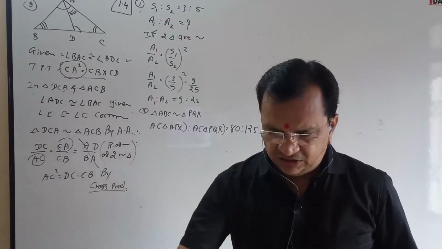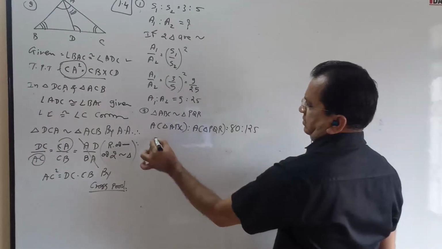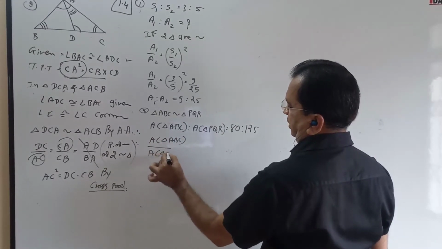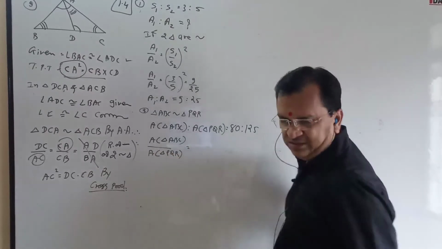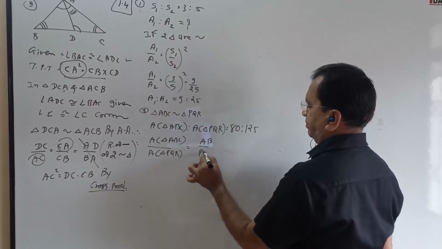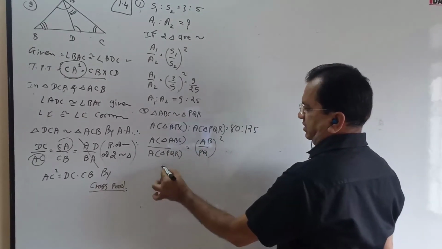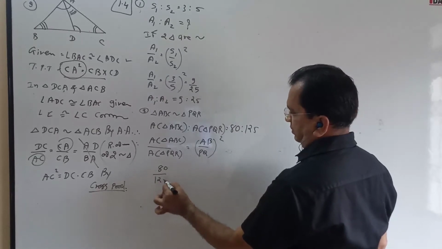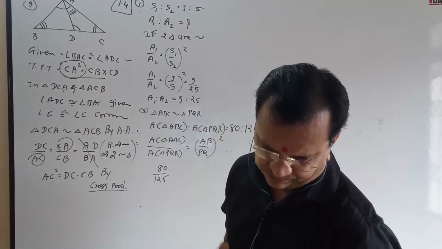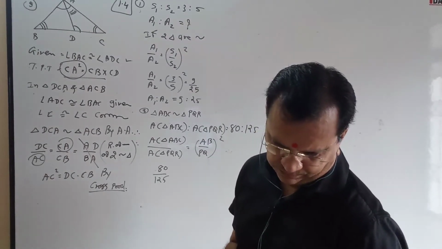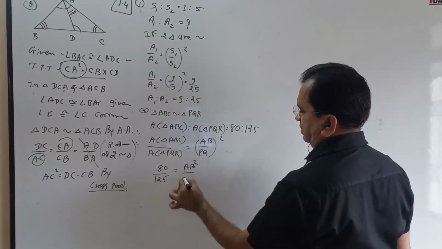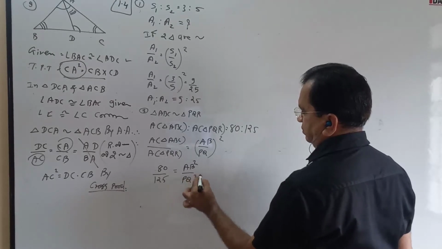Okay, we have to find the sides. So area of triangle ABC divided by area of triangle PQR. Which sides? AB and PQ. Now these are given, 80, 125, is equal to AB square, PQ square.